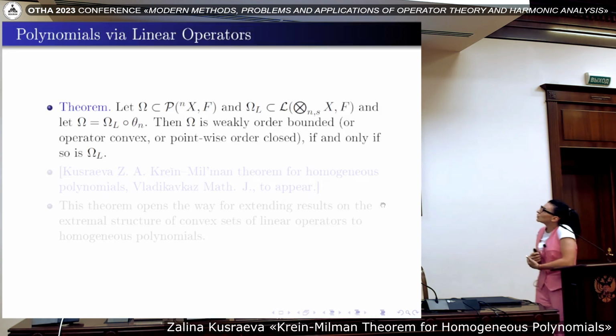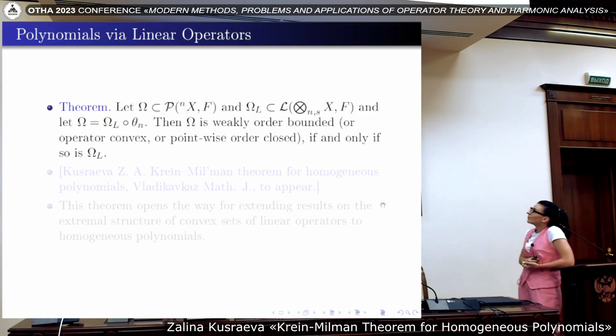Here we consider two spaces, the space of homogeneous polynomials, which we denote Omega, and Omega with index L, the space of linear operators, which correspond to each other by linearization.